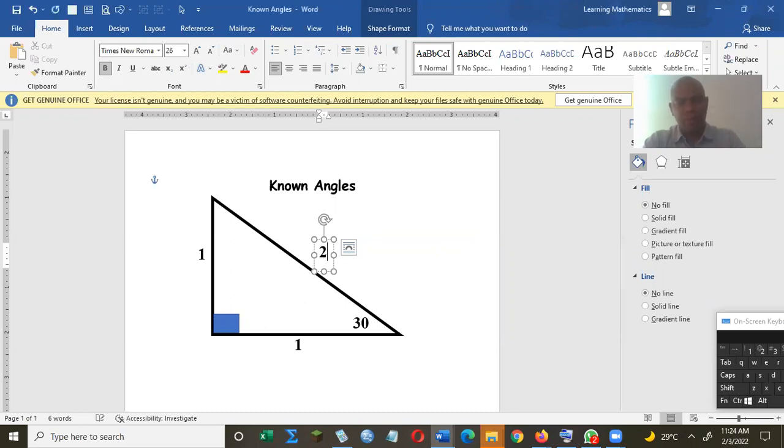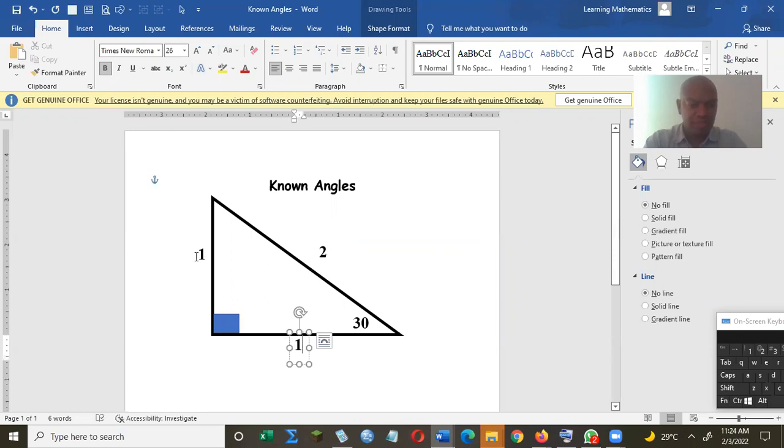be equal to 2, because at 30 degrees, the side opposite to the angle is actually half of the hypotenuse.